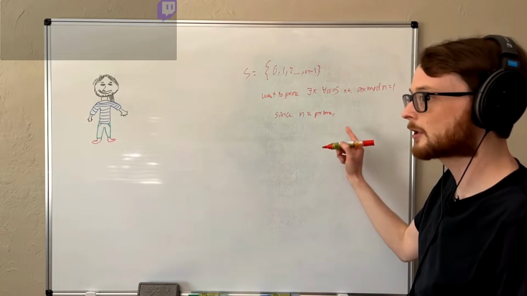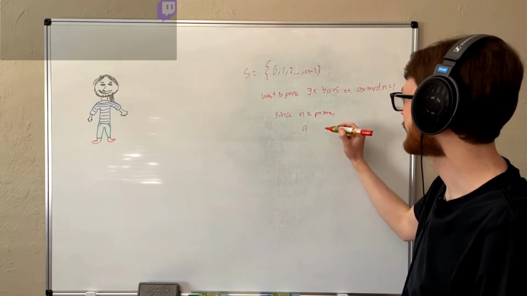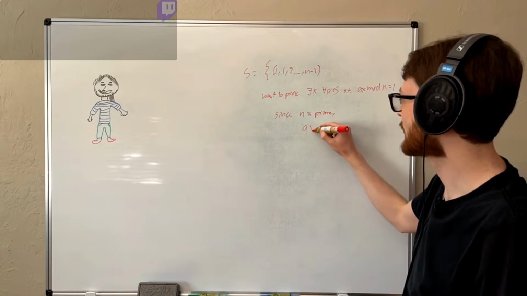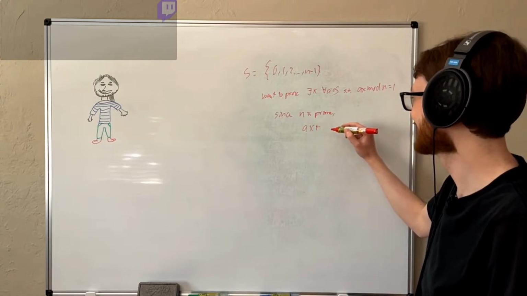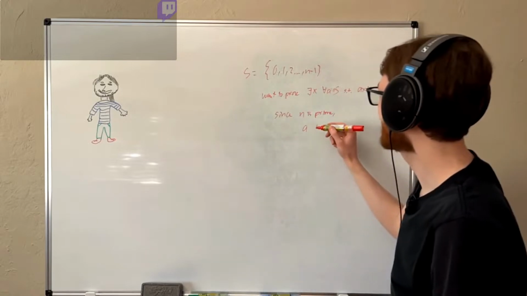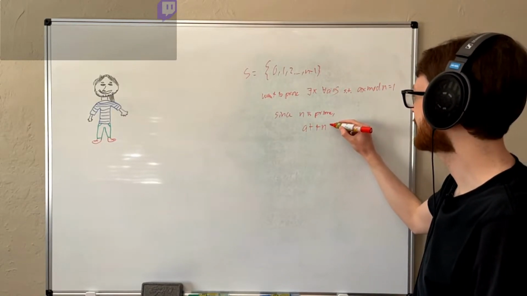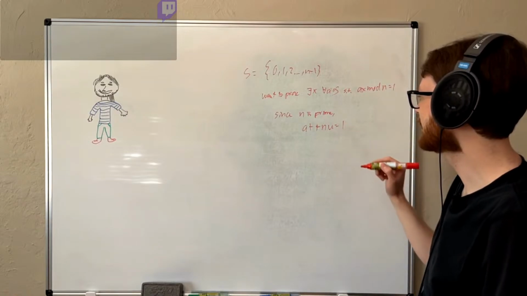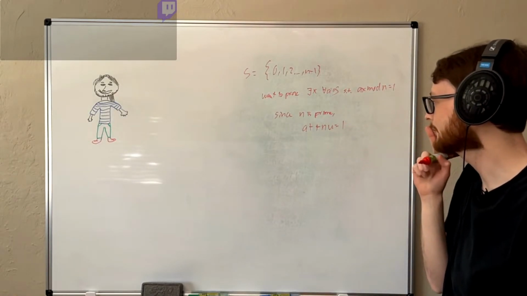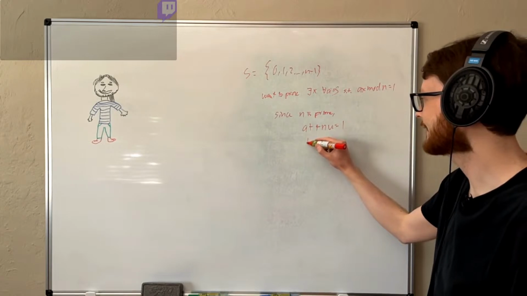You can use the linear combination: a times some number we can conveniently call x, plus n times u equals 1. The GCD is 1 because n is prime. And then I think you can rearrange this, I guess, for n?